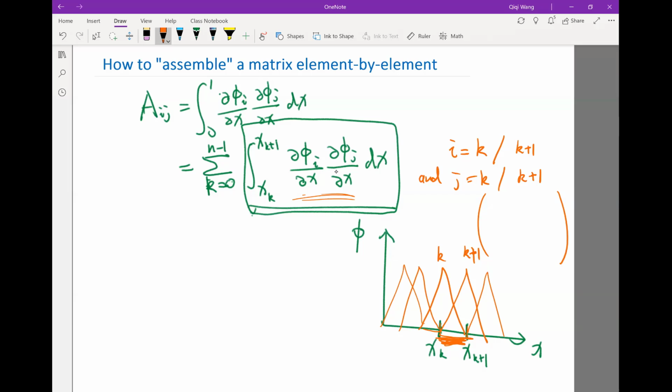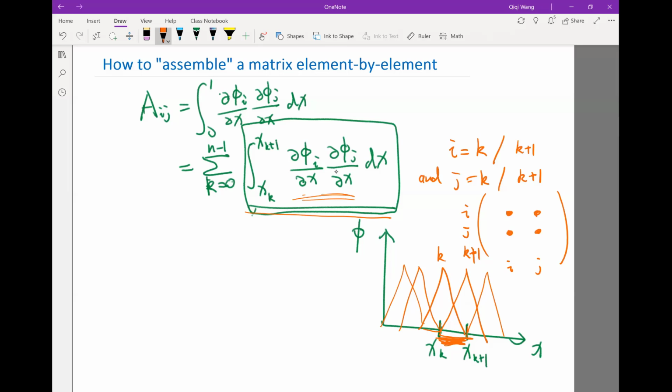Can you count how many combinations of i and j would make this element matrix non-zero? 4. 4, yes. 2 i's, 2 j's. So it would be 4 elements like this. So this is the ith row, the jth row, this is the ith column, jth column. Only these 4 are non-zero.